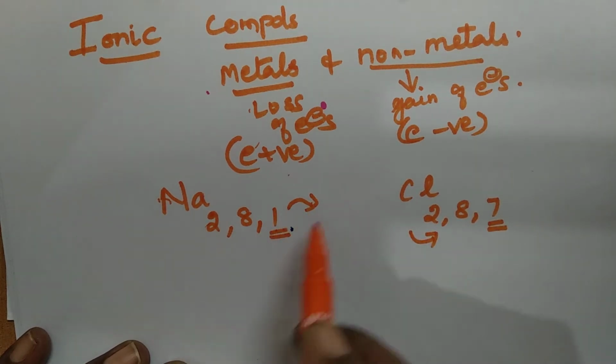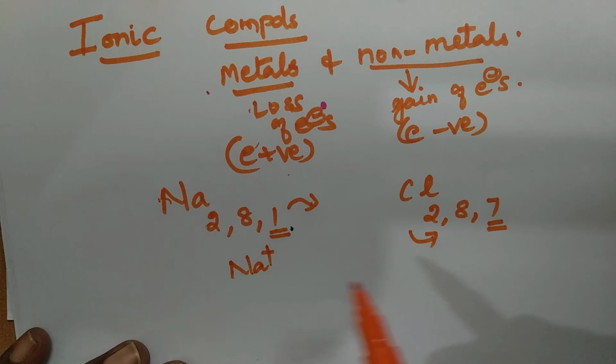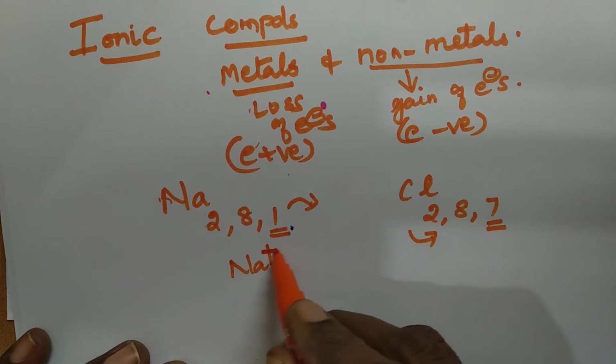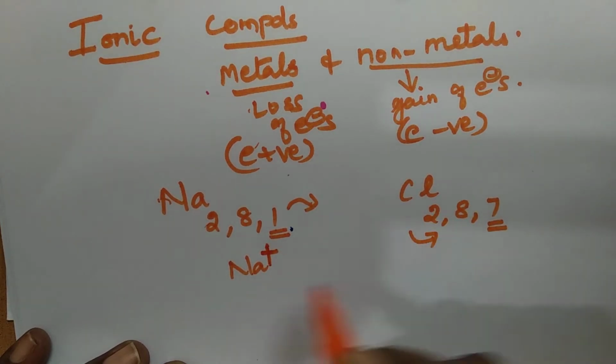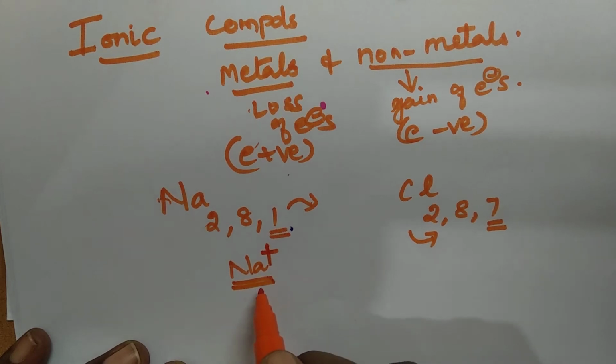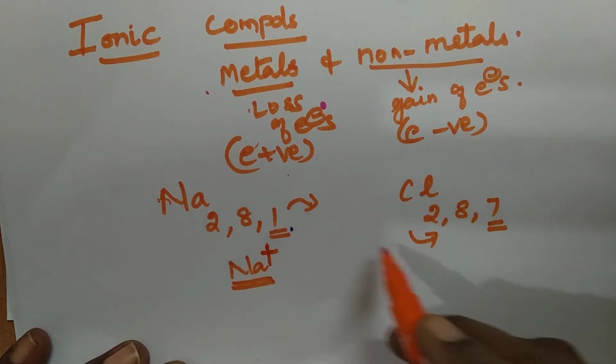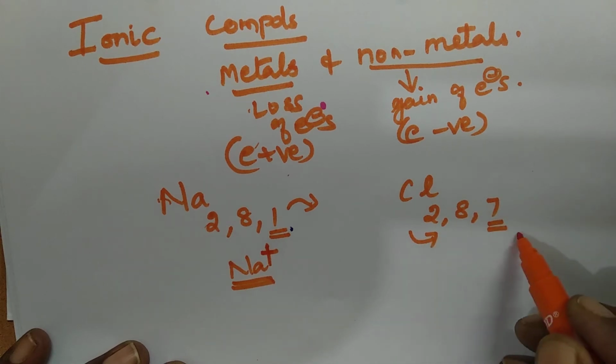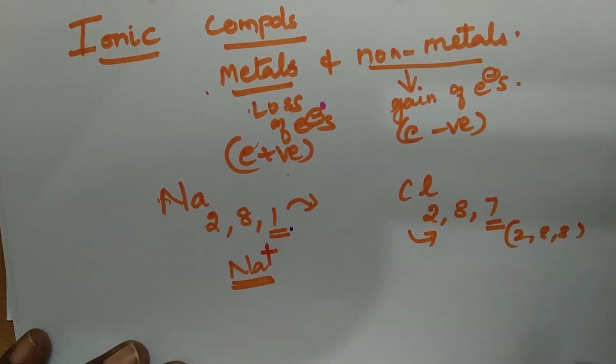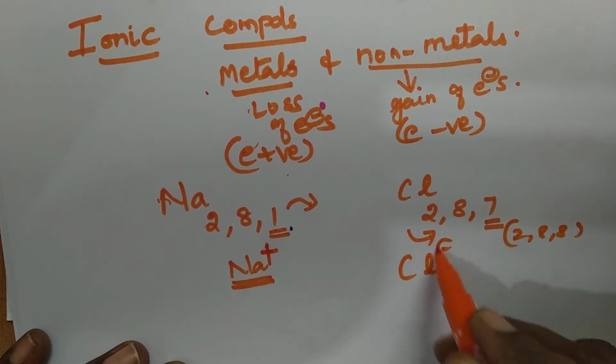When sodium loses 1 electron, it becomes Na plus. Chlorine gains that electron and attains the 2,8,8 configuration, so it becomes a Cl minus ion.